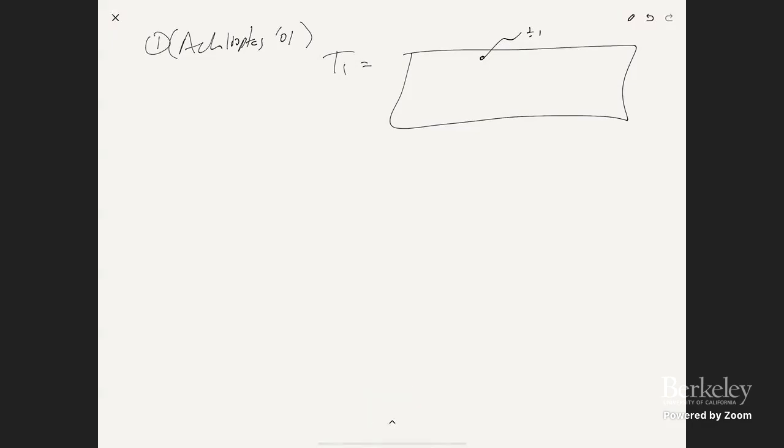And then for each entry, zero it out with probability 2/3. Of course, after you do this, 2/3 of the matrix is 0. So it's sparser. Only 1/3 of the matrix is non-zero.